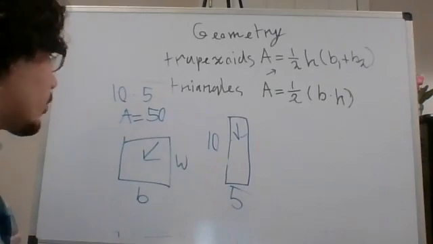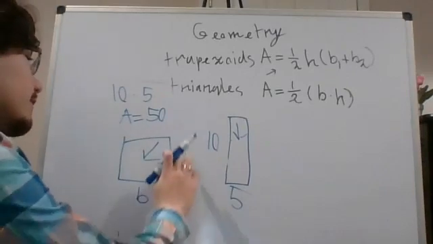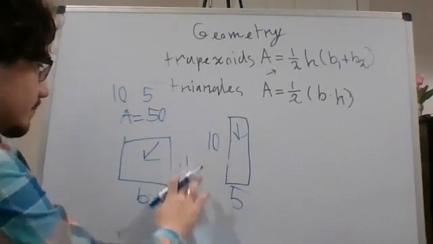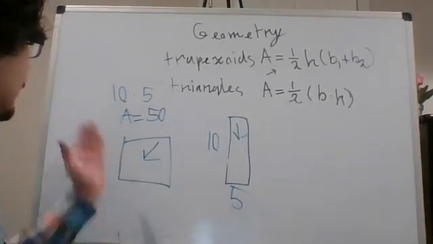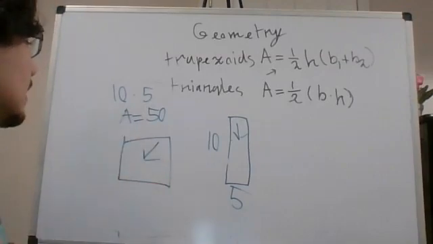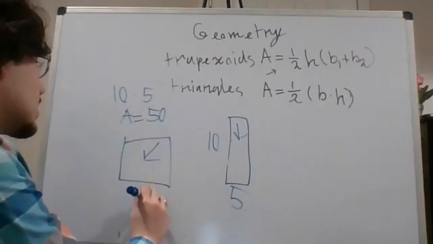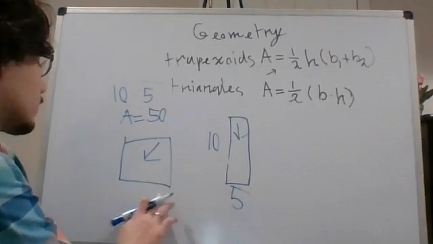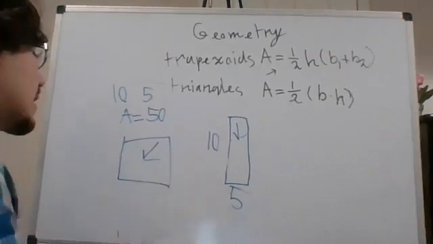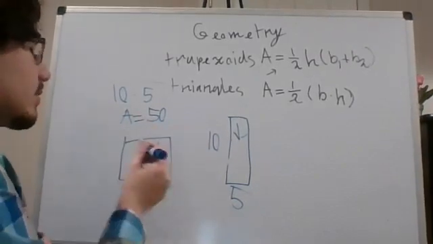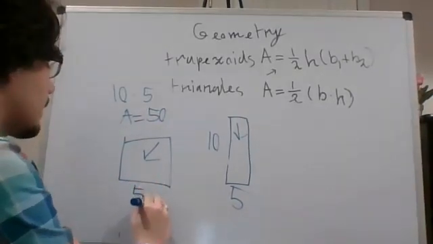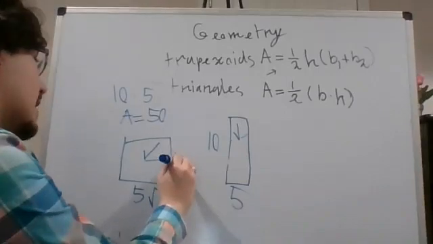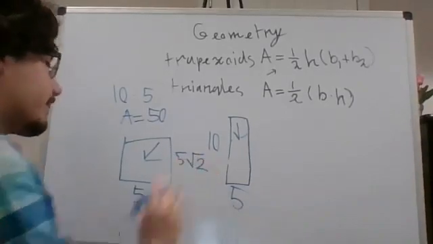And the square would have also an area of 50. So an area of 50, it's a square, so that means that each side would have to be the square root: 5 root 2 and 5 root 2.